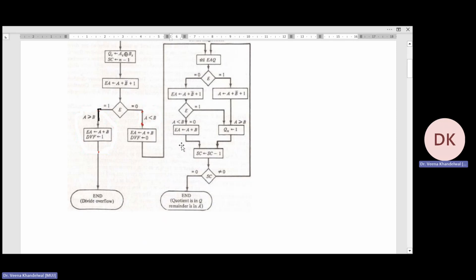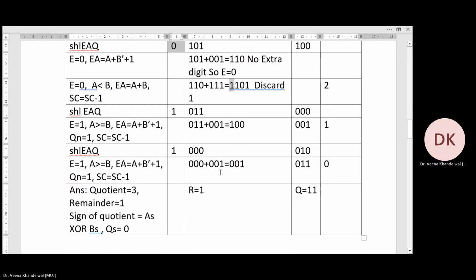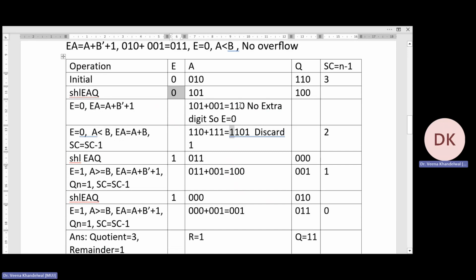Now this path may go downwards or it may also go to the right, depending upon the value of E, which will be computed after performing A plus B complement plus 1. So here we compute A plus B complement plus 1. We see that no extra bit is generated over here, so our value of E is 0. If the value of E is 0, we don't proceed right, but we only move downwards.